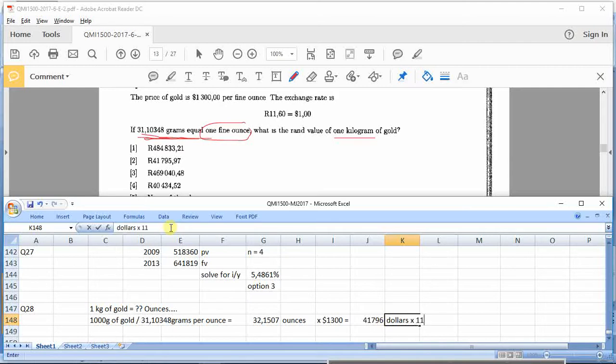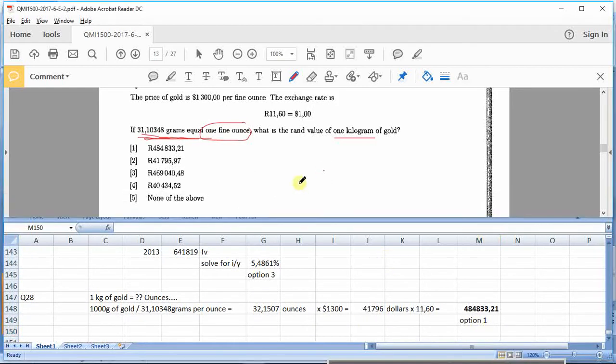Multiply that by 11 rand 60 and it gives you the price in rands. That gives you almost 500,000. So 1 kilogram of gold would be 1 bar of gold. You know those gold bars that the Reserve Bank would keep? So one of those bars would be around 500,000. Is it option 1? Yes, it is. That's a nice question. I like the question.